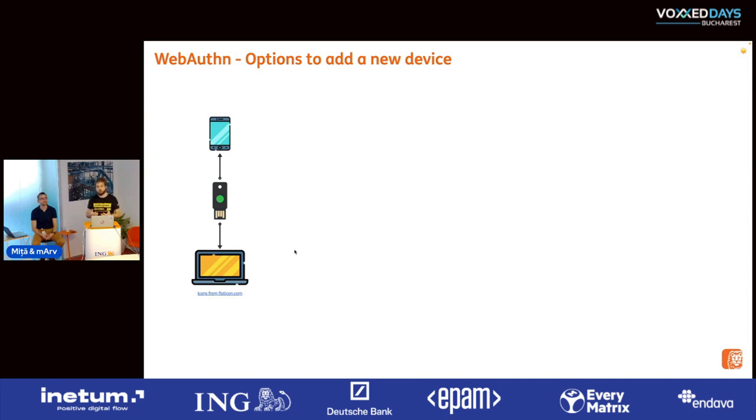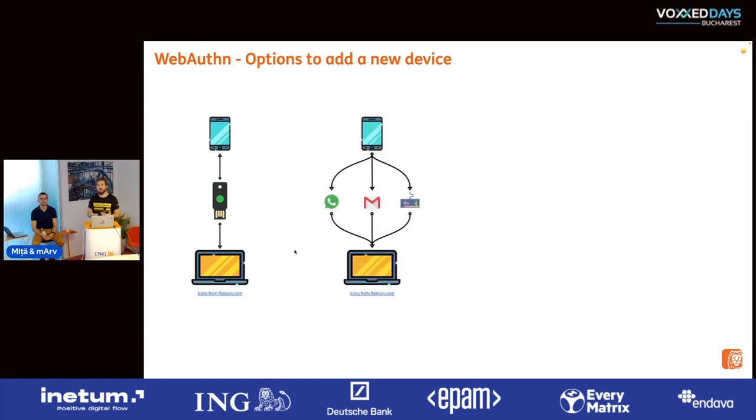Maybe not everyone would like to carry a YubiKey. Maybe not everyone would like to spend money on this YubiKey or carry it around. So we thought, how can we improve this ceremony? We could do something similar to the recovery access token in terms of providing a registration add token that you could move from one device to another.